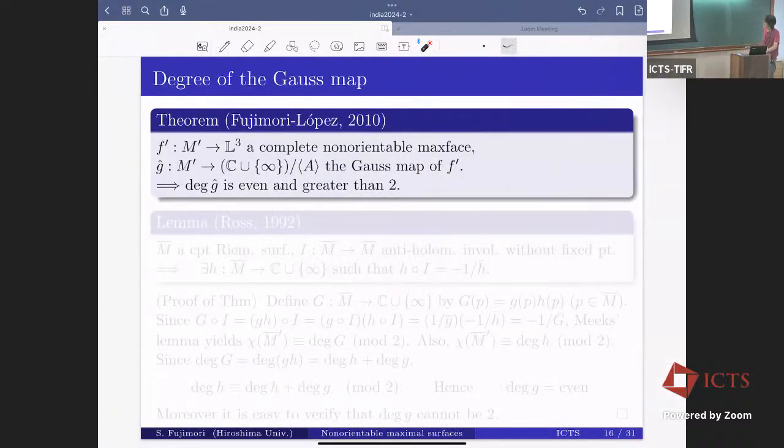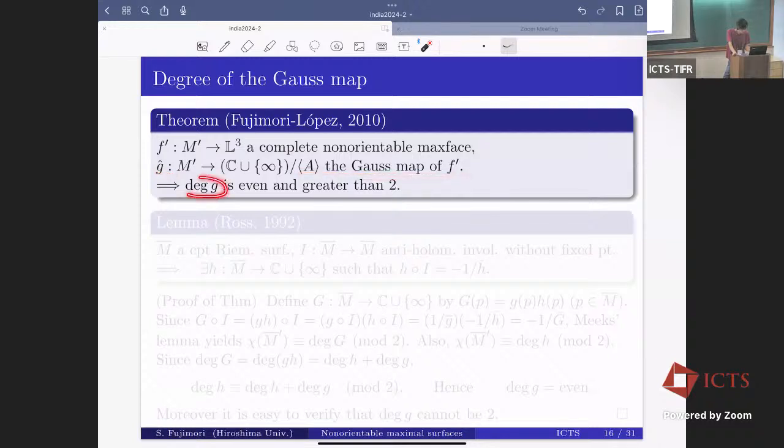And now consider the degree of the Gauss map. In the minimal surface case, the degree of the Gauss map is congruent to the Euler characteristic of M prime bar mod 2. But in this case, we have this theorem. Let F prime be a complete non-orientable maxface and G hat the Gauss map of F prime.